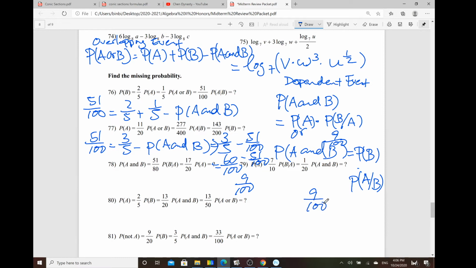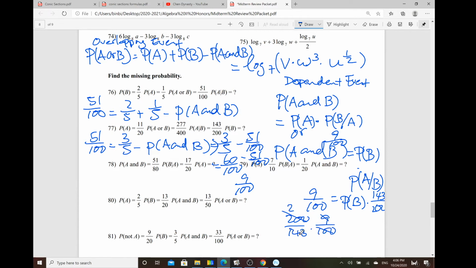So now let's find out the probability of B. So that one is unknown. But we do know the probability of A based on B. So that one is what? 143 over 200. So basically this one, we just divide, or multiply the reciprocal of 143 over 200. So multiply 200 over 143. And this one cross cancel, 2.